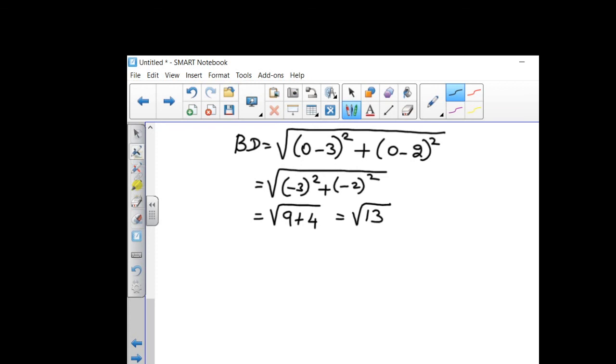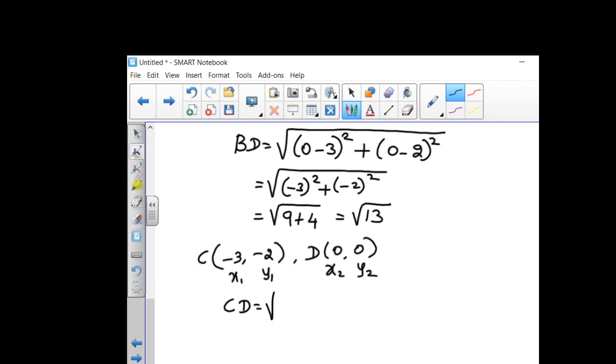Okay, then next CD. C point is minus 3 comma minus 2 and D point is 0 comma 0, x1 y1 x2 y2. Okay, therefore CD is equal to root of x2 minus x1, 0 minus of minus 3 becomes plus 3 whole square, plus y2 is 0 minus of minus 2 becomes plus 2 whole square.